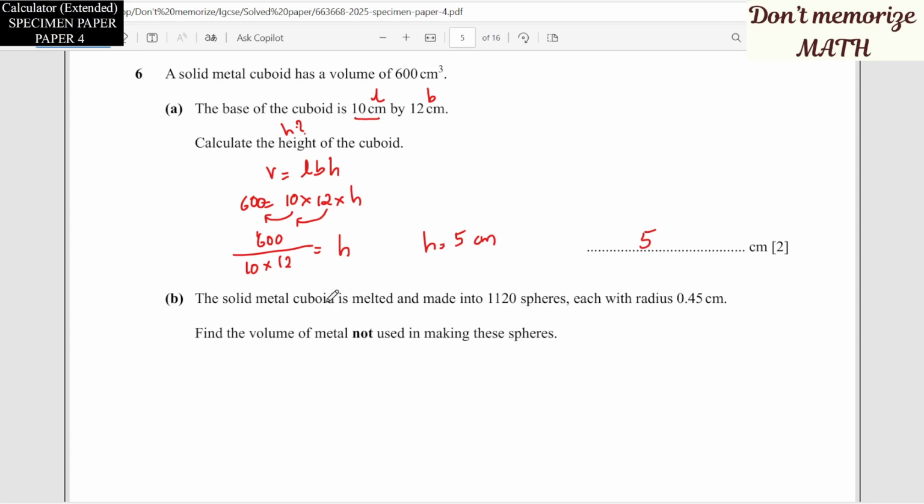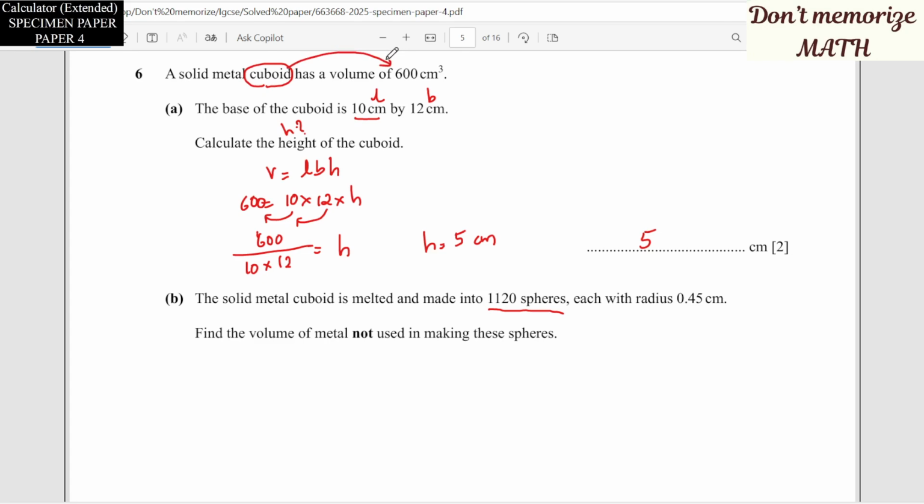Okay, the B part. The solid metal cuboid is melted and made into 1120 spheres, each with radius 0.45 centimeter. Find the volume of the metal not used in making these spheres. So already we have a cuboid. The volume of cuboid is also given 600.